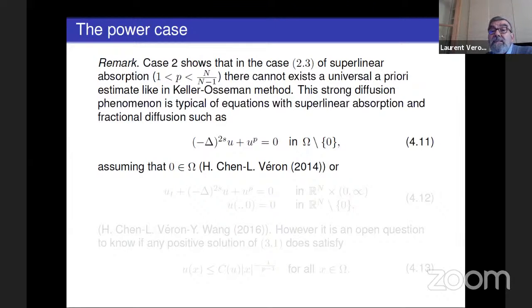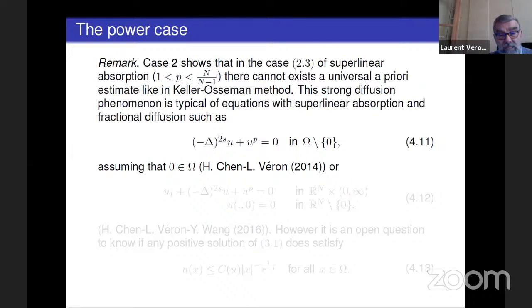This strong phenomenon is very typical of equations with a superlinear absorption and fractional diffusion. This was pointed out in a paper that I did with Huyuan Chen, concerning this equation, minus Laplacian to the 2s of u plus u to the p in omega minus 0, and when s is less than 1 over 2.